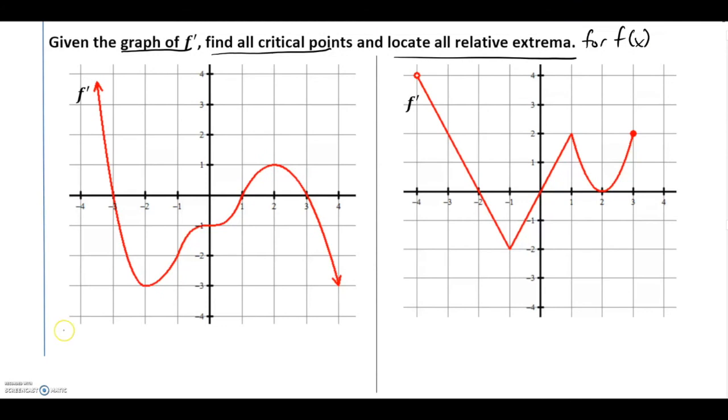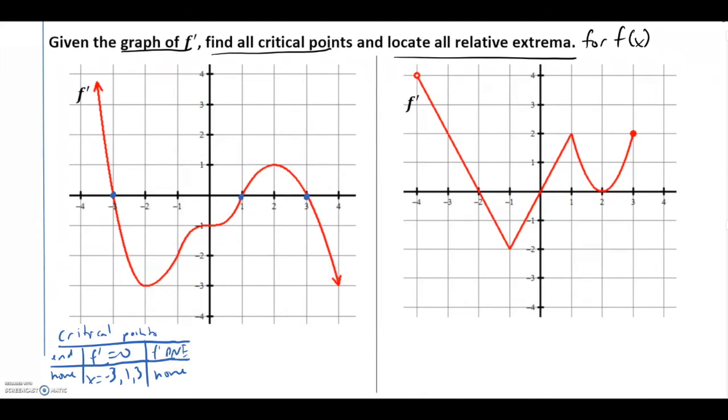We can do that by remembering our critical points are any endpoints, which I don't have on this first one, so we're going to note the endpoints here just to say none. Spots where our derivative equals 0, which occurs at -3, 1, and 3. And spots where the derivative does not exist, we have none of those. So we have all of our critical points.